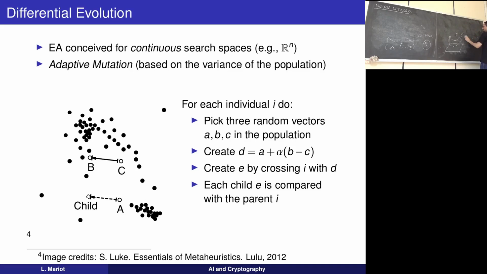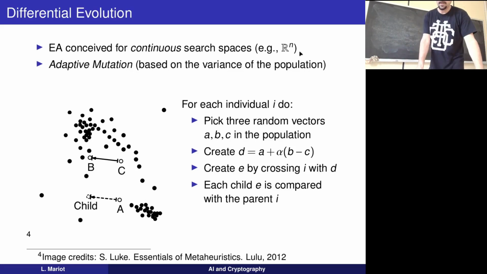And genetic programming can also be used for continuous problems, but mostly we've seen it in the discrete setting as well, for Boolean functions. Here instead we are considering an evolutionary algorithm that is specifically designed for continuous search spaces.